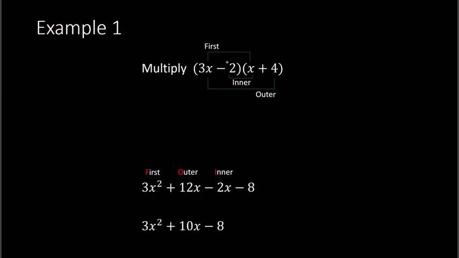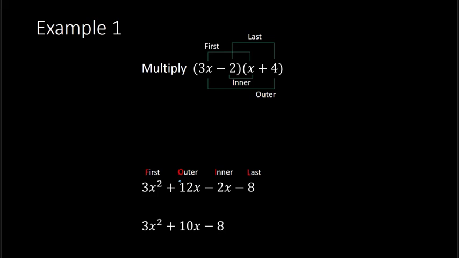And then we distributed the negative 2 with the 4, so negative 2 times 4, that is your last numbers, right? 2 and 4 are the last numbers of their binomial. So we multiply negative 2 times 4 to get negative 8, which is that last term over here. So what we've done is we've taken the first terms, then the outer terms, then the inner terms, and then the last terms, and we multiplied those together.